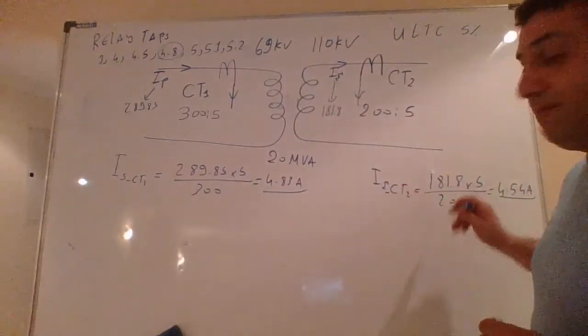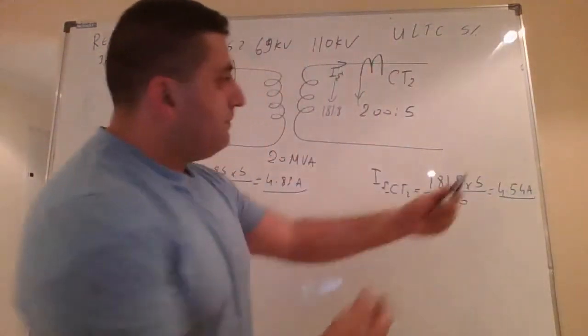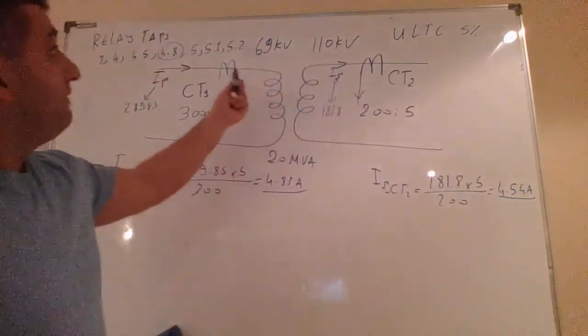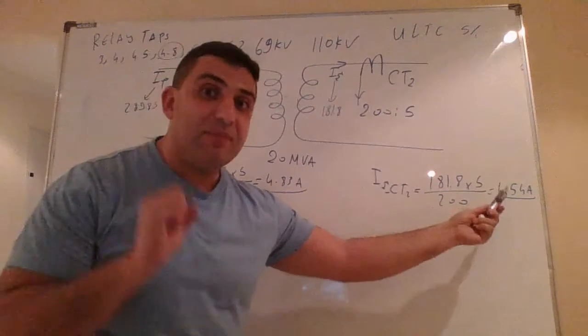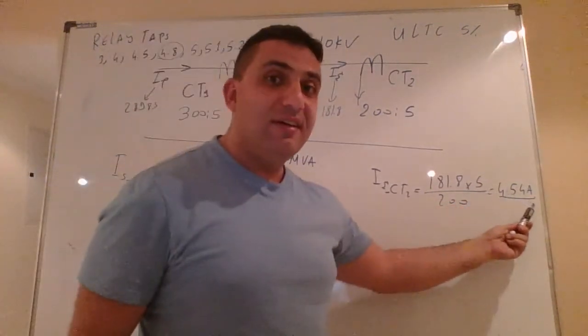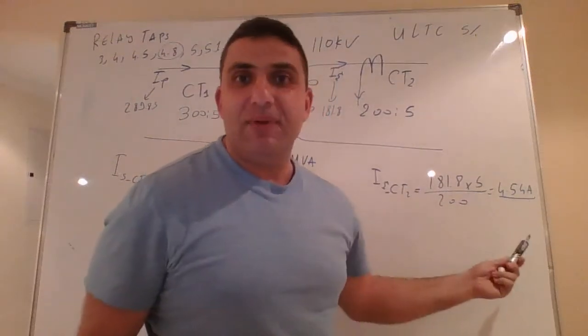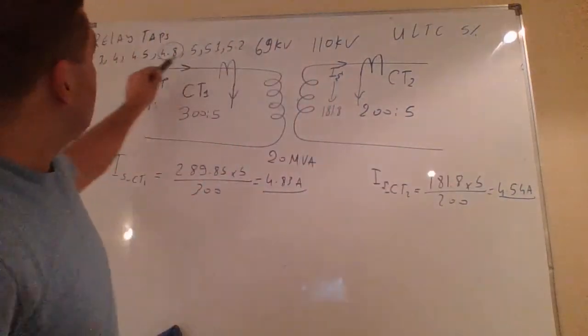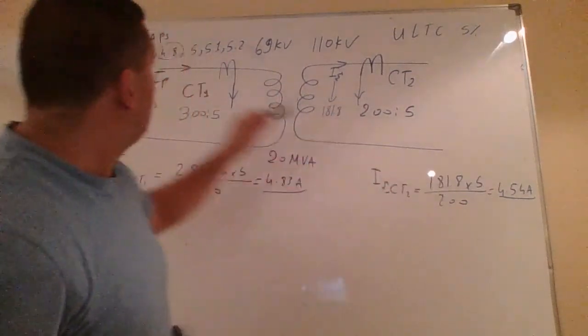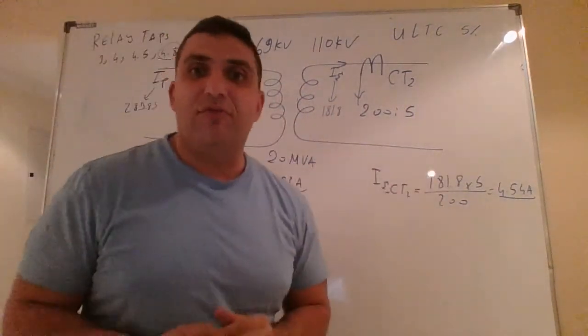Same for the secondary, I have 4.54 amps. If I only have a 5 amp tap, I will have an error of 0.46 amp. However, now I can use the 4.5 tap, which will reduce my error to 0.04.